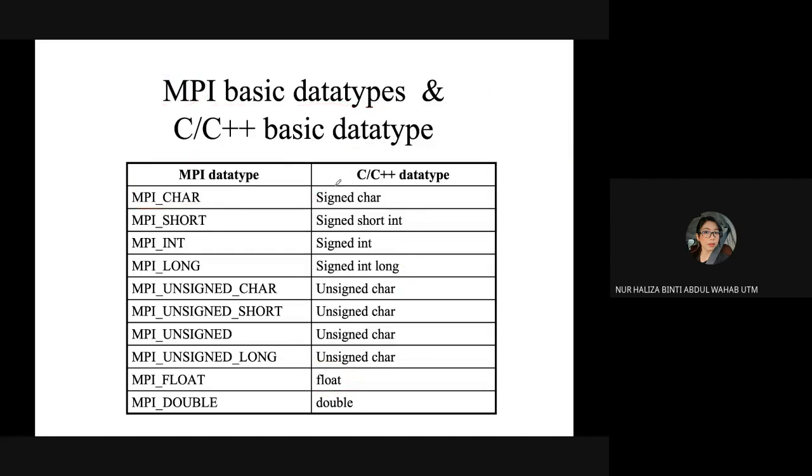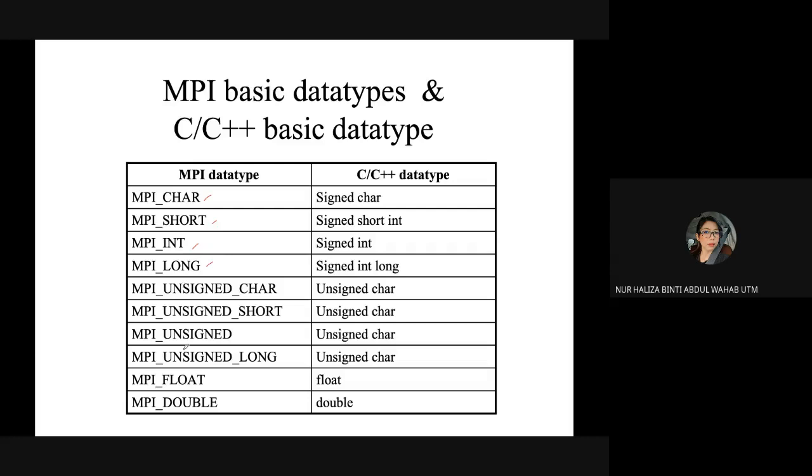So you need to remember all the data types: MPI char, MPI short, MPI int, MPI long. Over here, it is shorter compared to your C or C++ in terms of the int; you don't see the int over here. Then long, unsigned char, unsigned short, unsigned long.